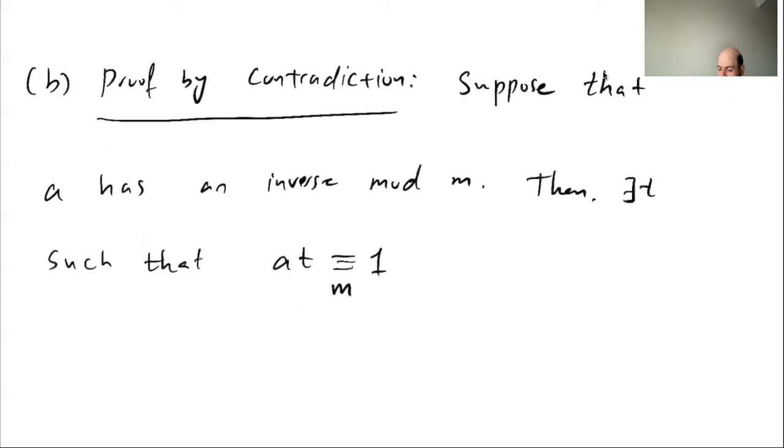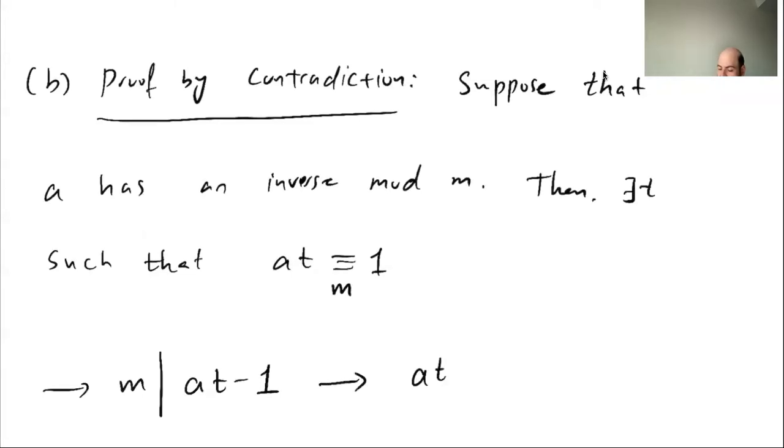And what does that mean? That means M divides the difference between AT and 1, right? That's again the definition of congruence. And then what does that mean?